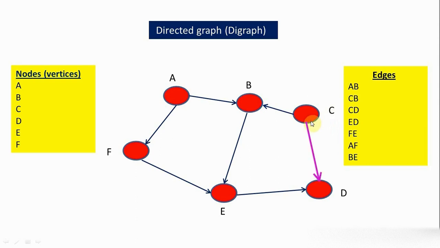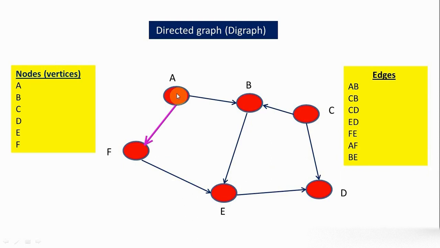Similarly, now you can see for yourself that CD is also an edge, ED, because the path is from E to D. So ED is an edge. Similarly, FE is an edge, AF is an edge, and not FE. Why?